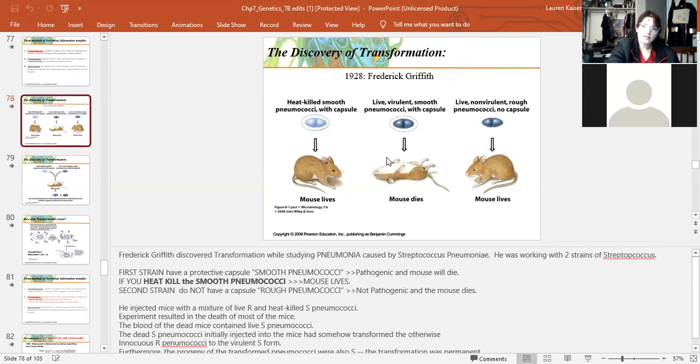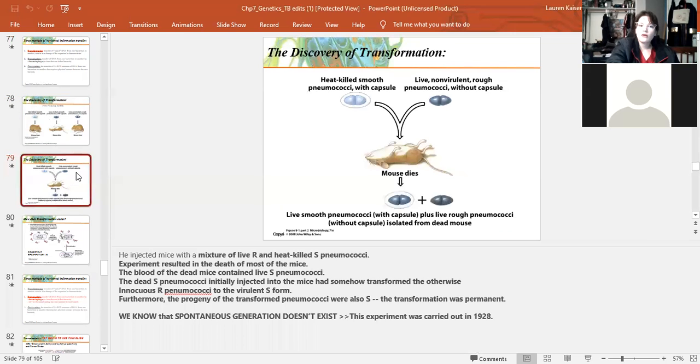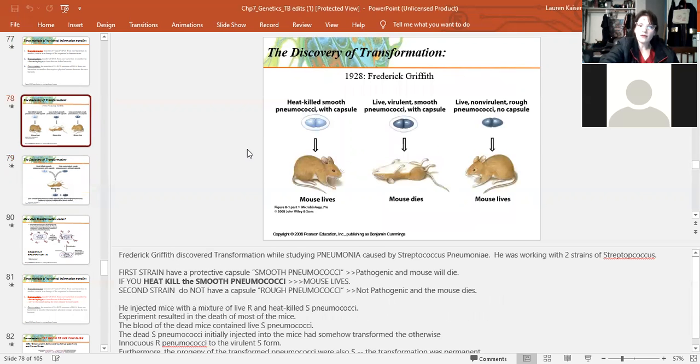So if this one caused disease and we killed it and injected it in a mouse and it didn't cause disease, then what happened here? We gave the rough pneumococci without a capsule, non-virulent, doesn't cause a disease. We mixed that with our heat-killed version of the one that does cause disease. What happened was a horizontal transfer of DNA. This horizontal transfer of DNA made live smooth, the virulent cells, right, the ones that killed this middle mouse.